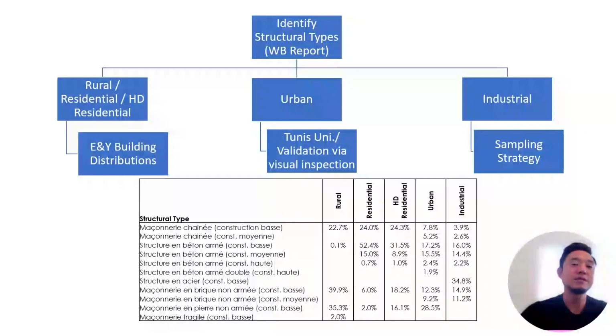So we used all the census data, field survey data, and ground imagery to essentially come up with this nationwide mapping scheme for Tunisia for each of these 5 development patterns: rural residential, HT residential, urban, and industrial. To recap, for the rural residential and HT residential, we relied heavily on the World Bank and Ernst & Young census data. These gave us the distributions by governorate.